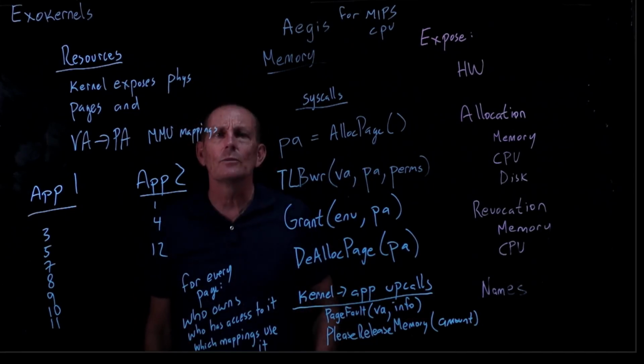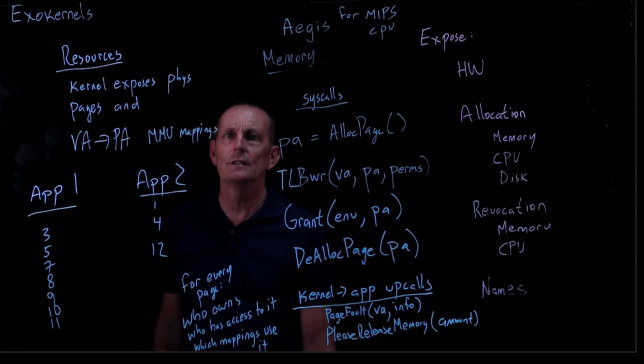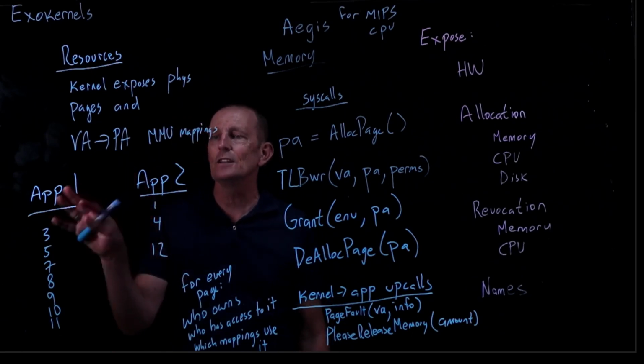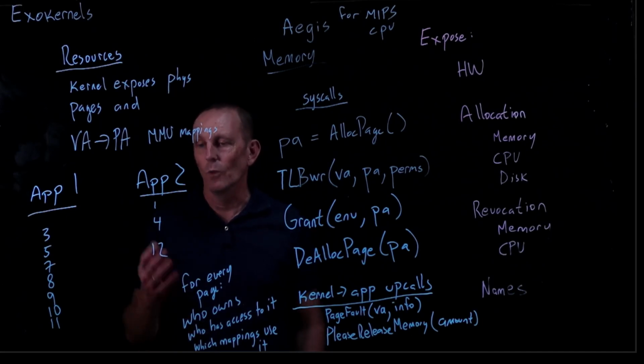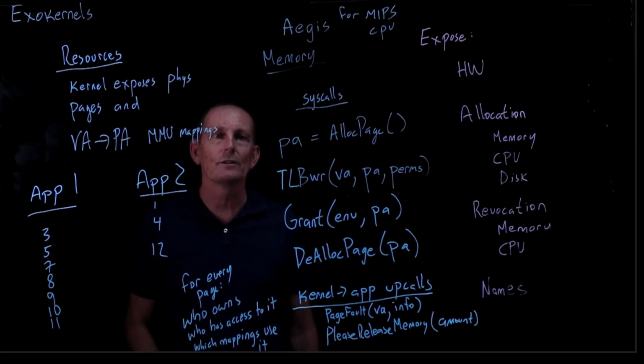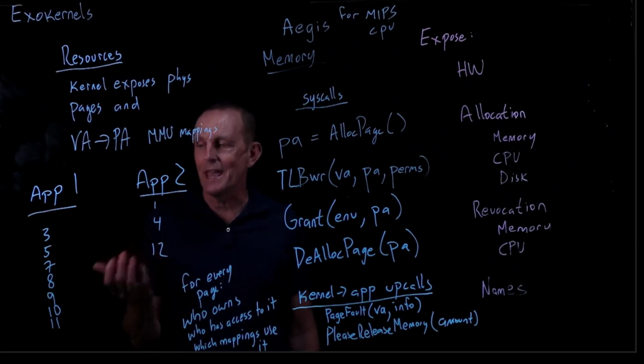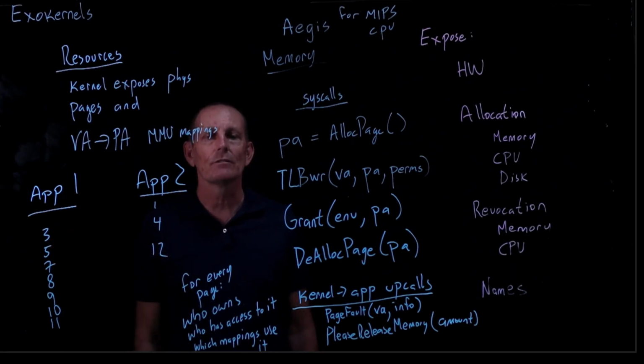The only other way in which the kernel is involved is this decision of which application should free up memory when memory is getting low, right? And it can use different policies for that. One policy is certainly just give equal amount of memory to every application. But it's not deciding which pages to get rid of. The app gets to decide which pages to get rid of.